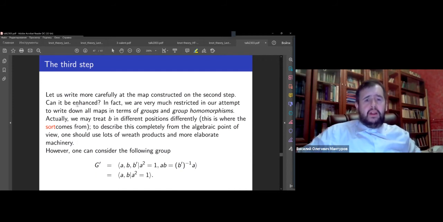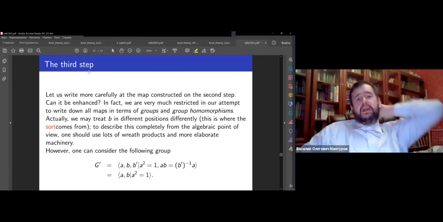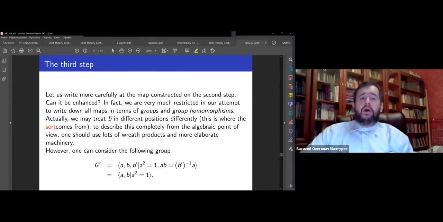The idea is as follows. I want to treat B in different positions differently. If I have a word, I can say this B appears in even positions, or that B appears in odd positions. When I say positions, I mean both ends of the same chord.